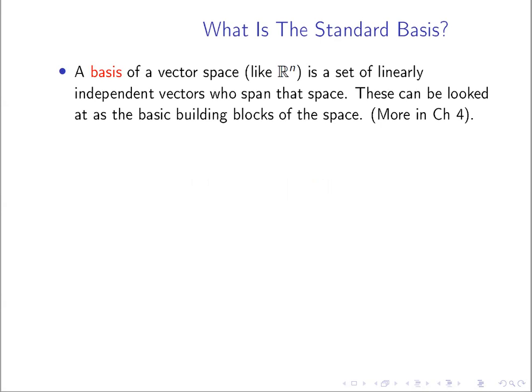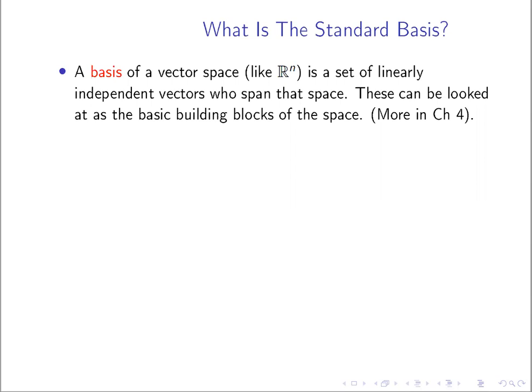These can be looked at as the building blocks, kind of like the DNA or however you want to look at it. They're the basis because they are the building blocks of everything else. Chapter 4 is where we're really going to go into much more about what makes something a basis and what a vector space is. There's a lot more to that, but we're going to start with just basically Rn.